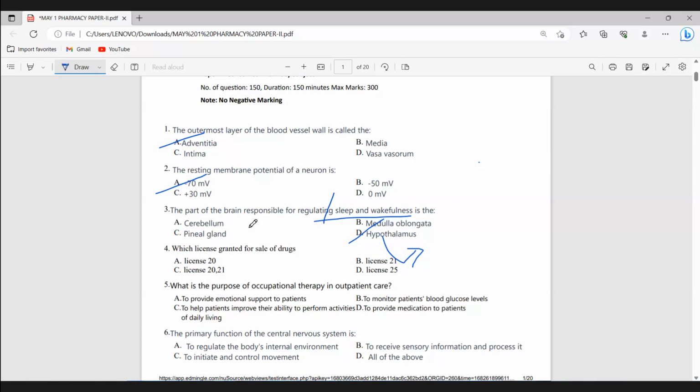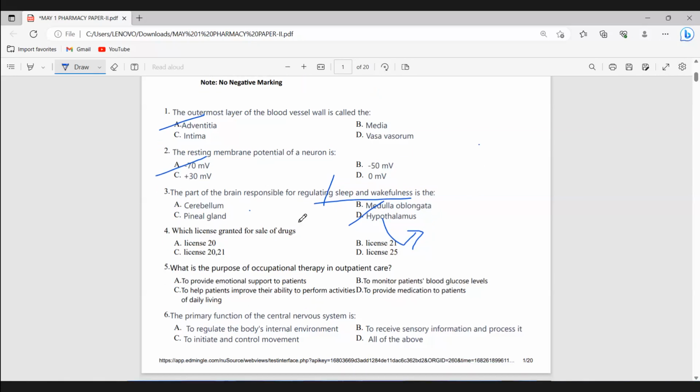When such questions come, you must check the options: whether they gave hypothalamus, pineal gland, or suprachiasmatic nucleus. Hypothalamus and pineal gland both play an important role, but in the options the first priority is given to the hypothalamus, then the second priority to the pineal gland. No, they won't give thalamus. Thalamus doesn't play any important role in sleep and wakefulness.